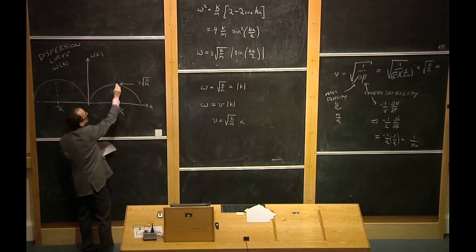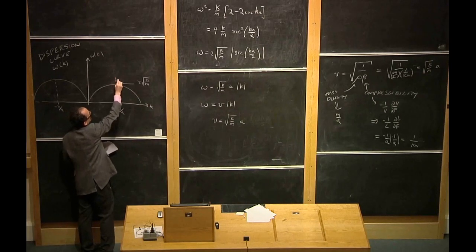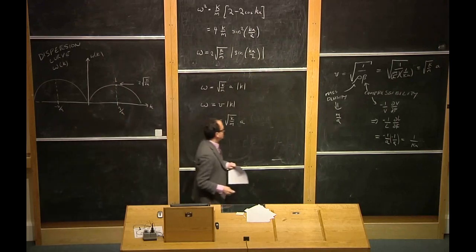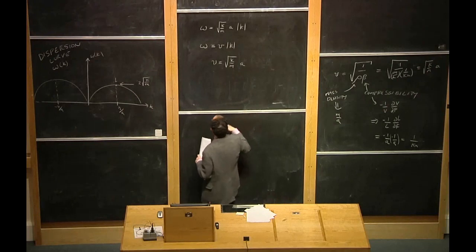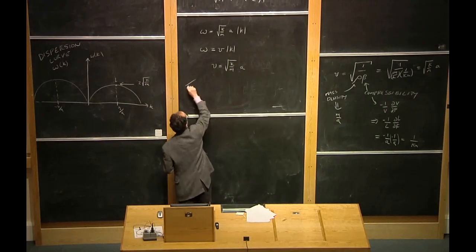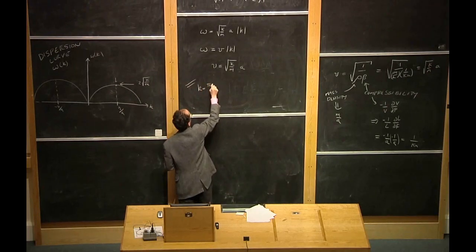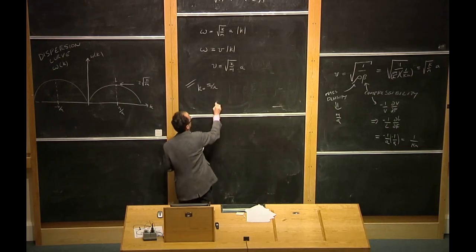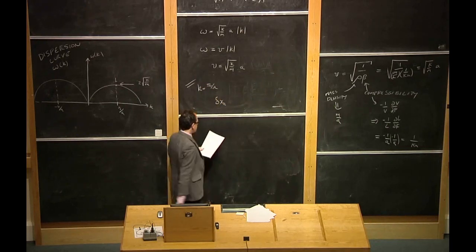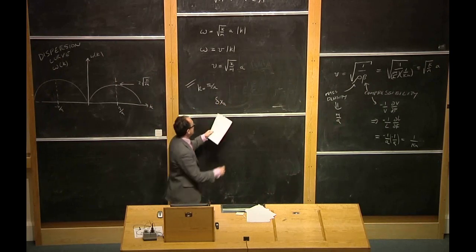It's worth looking a little bit more closely at this point here, which is the highest frequency excitation, the highest frequency normal mode. So that occurs at k equals pi over a. And how are we going to look at that more closely? Well, let's write down what the waveform would be.